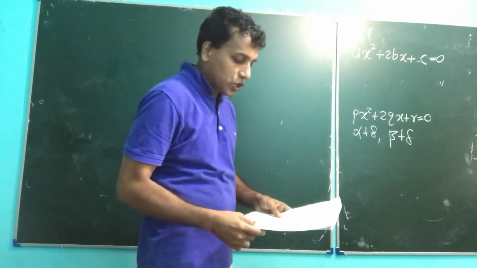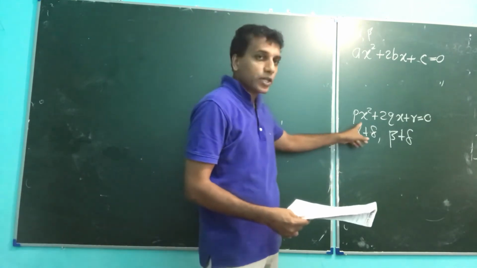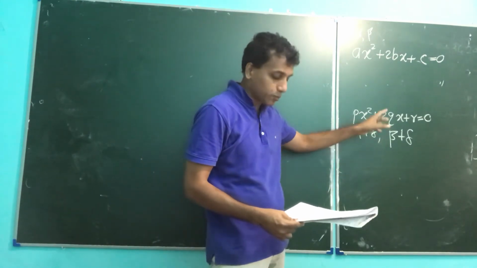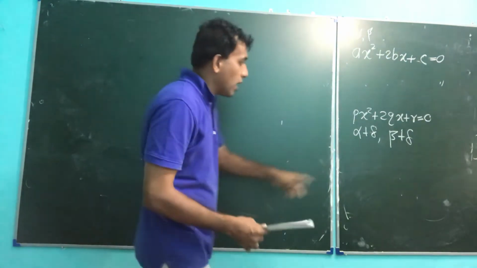Another equation, px square plus 2qx plus r equals 0, has roots alpha plus delta and beta plus delta.